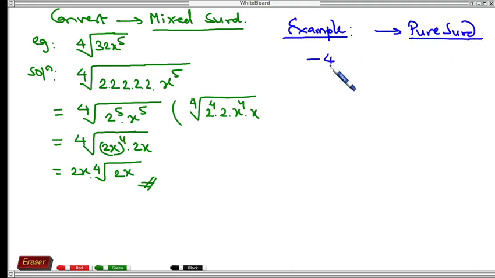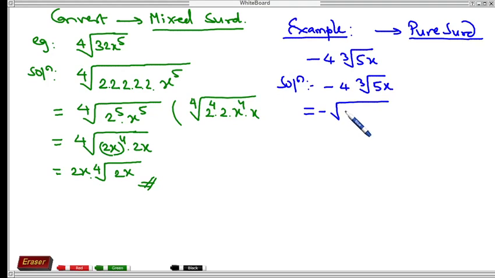So for example, minus 4 times the cube root of 5x is given, and the solution is: minus 4 cube root of 5x. The order is 3, so we need three 4s.